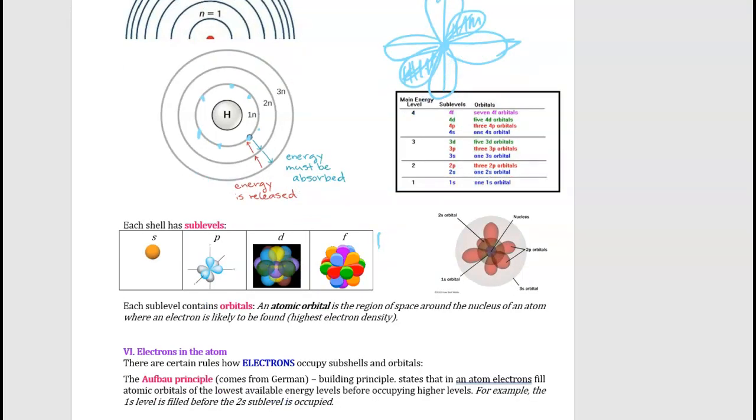There are certain rules of how electrons occupy subshells and orbitals. The Aufbau principle, a very strange name, comes from German, like building principle, and states that in an atom, electrons fill atomic orbitals of the lowest available energy levels before occupying higher levels.